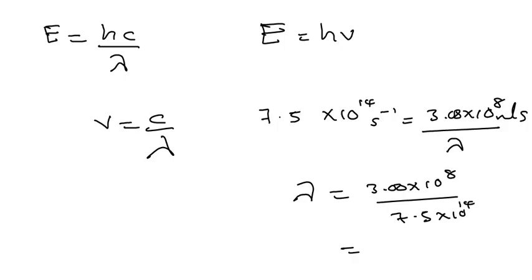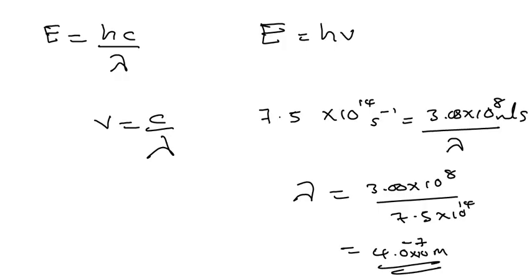When punching this in, make sure you put the numerator in brackets: 3.00 times 10 to the power 8 in brackets, divided by, open brackets, 7.5 times 10 to the power positive 14. The answer I'm getting is 4.0 times 10 to the power negative 7 meters.